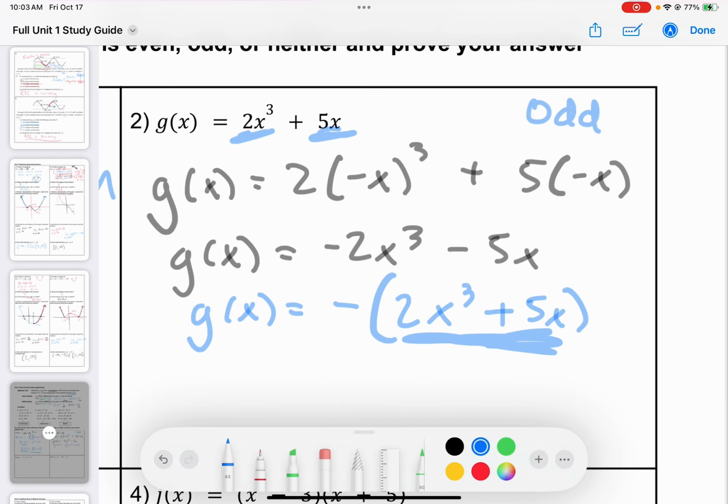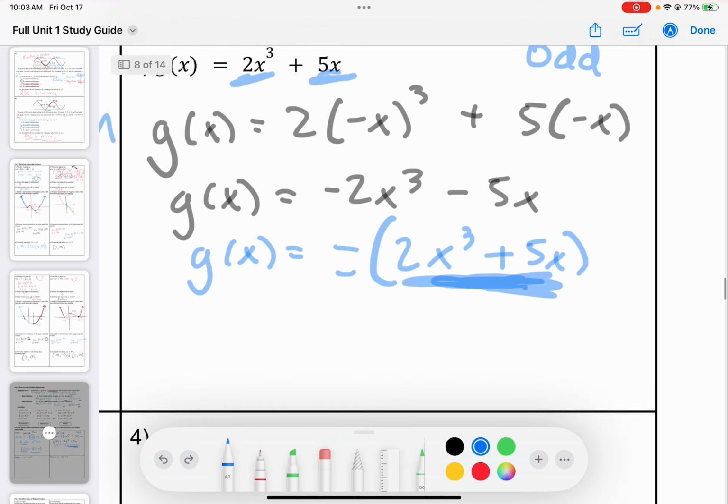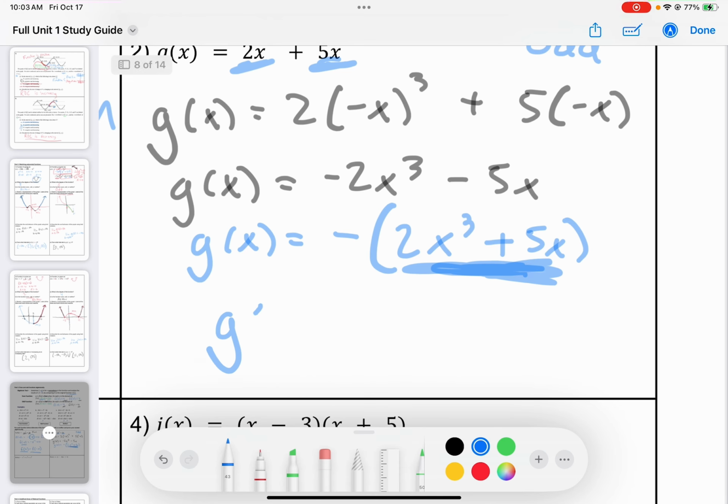This is the same, right? This is g of x. Here's that negative. So here's proof that g of negative x is equal to the negative g of x.